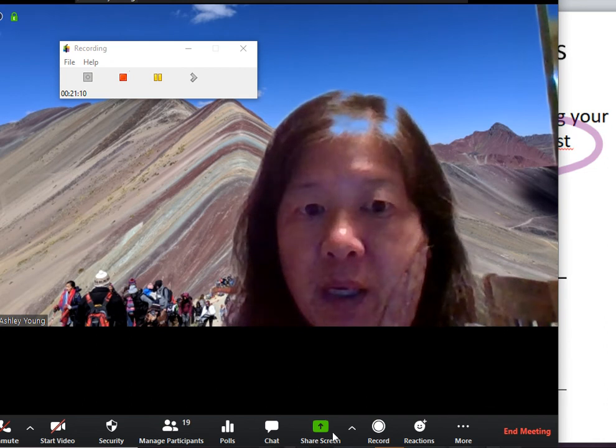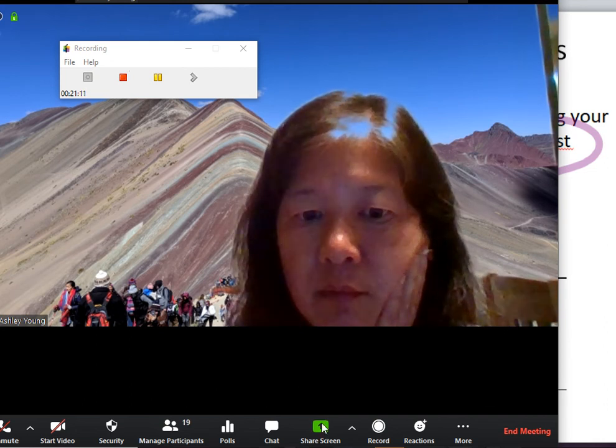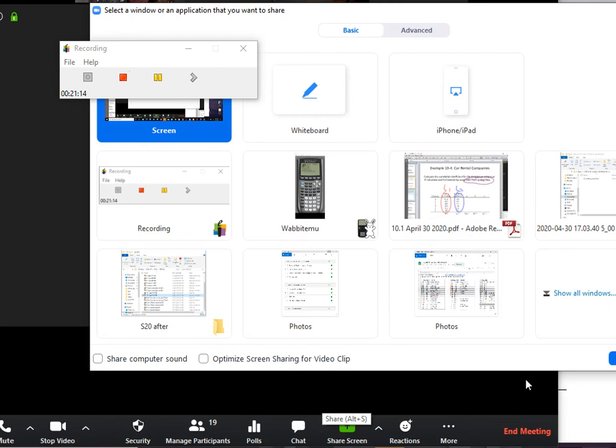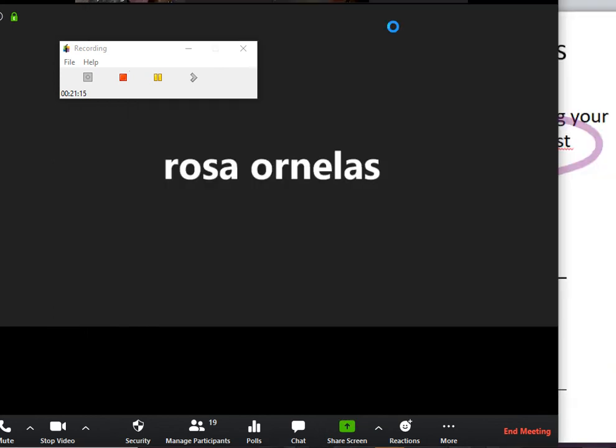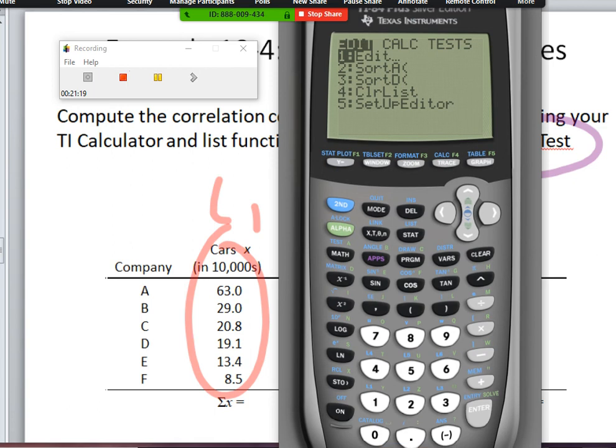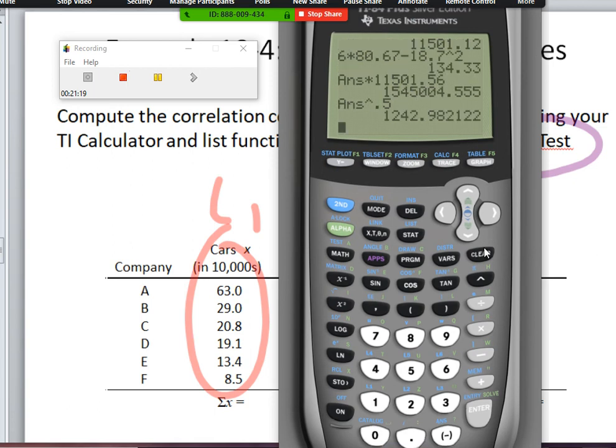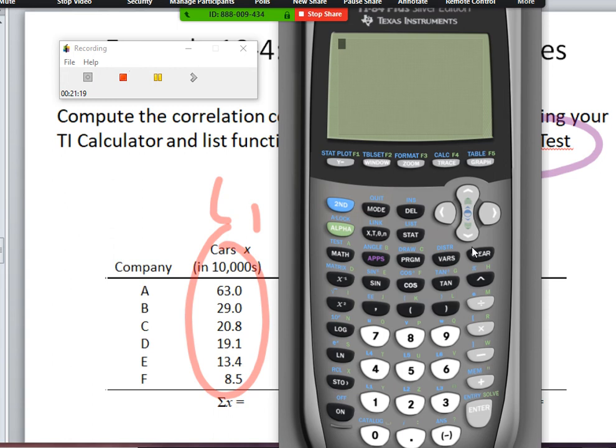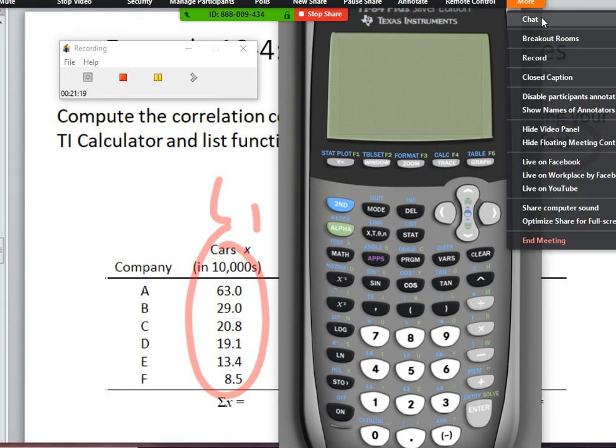Well, that bites. There we go. Okay, now you can see me, right? Can you see me now? Yeah, I can see you. Okay, good. One person can see me.